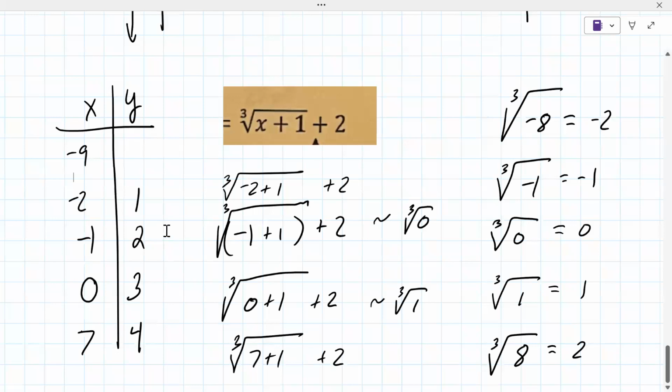You should also see a pattern here with these y values, meaning the answer's not out of line with what you already see. Is it -1? Or 0? It's 0, yeah. There you go.